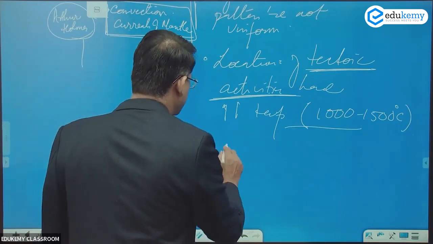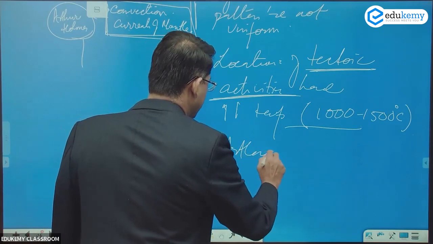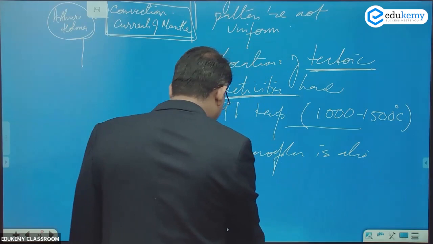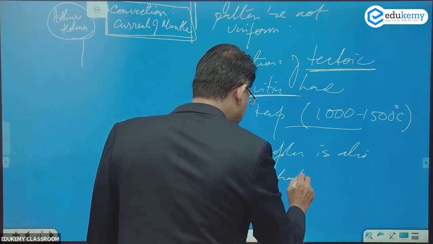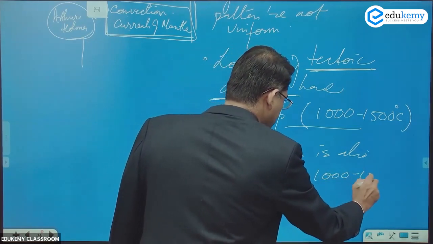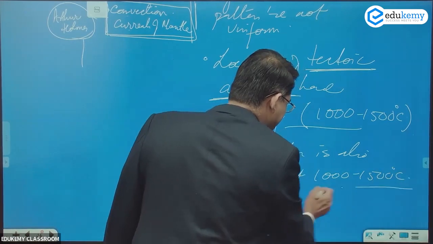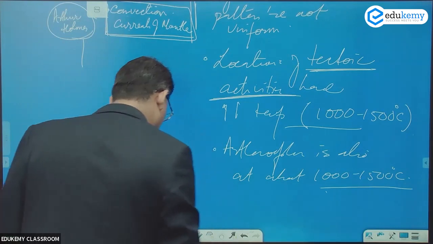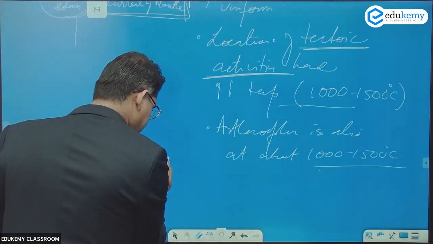Similarly, the asthenosphere is also at about 1000 to 1500 degrees centigrade. Asthenosphere is also pretty warm at 1000 to 1500 degrees centigrade.